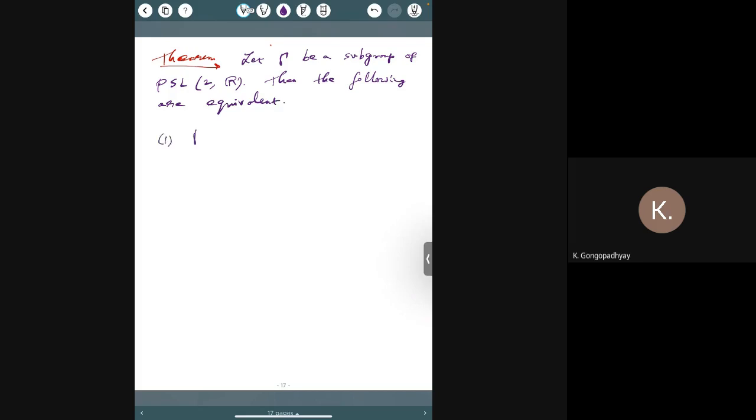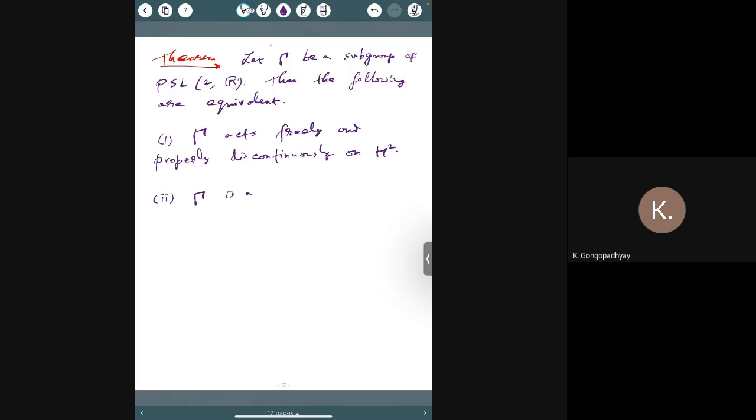That gamma acts freely and properly discontinuously on H2.